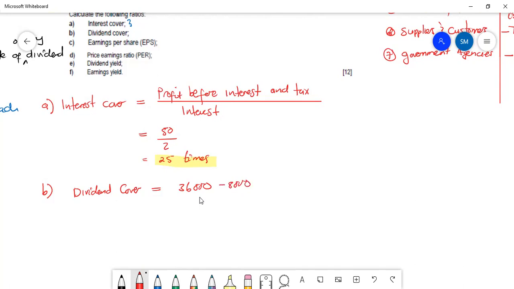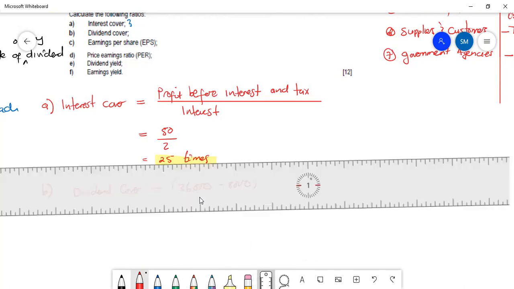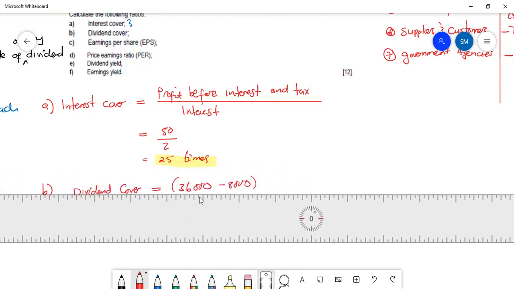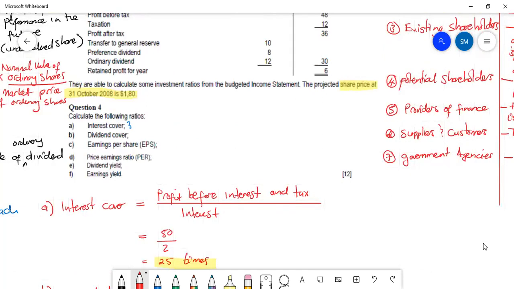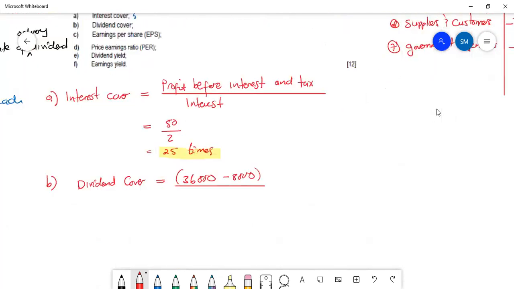So this is the amount of money that is now available for ordinary shareholders for distribution, divided by the ordinary dividend paid. And how much is that? It's 12,000. Correct.